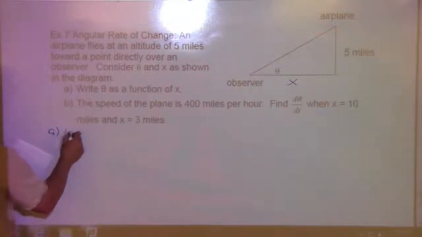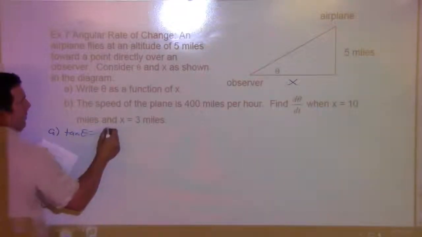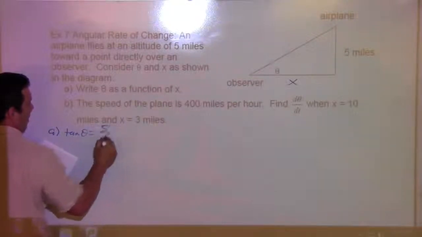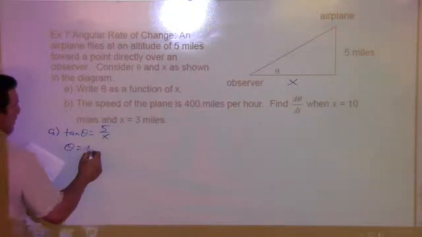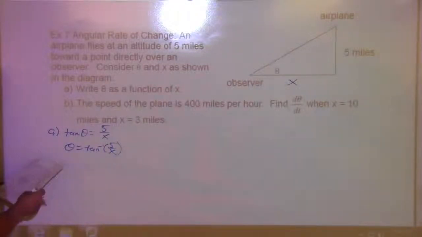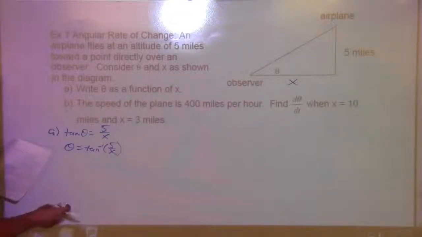So for A, tangent of theta equals 5 over x. So theta would be arctangent or tangent inverse of 5 over x. Or you could say that theta is cotangent inverse of x over 5.